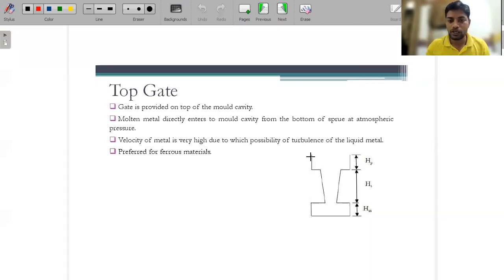So this is a kind of pouring basin, which has a height HP. Guys, when we are going for the calculation part, the exact geometry is not required, but the parameters that we are taking are important, meaning pressure, height, velocity. This is the first one, the pouring basin.